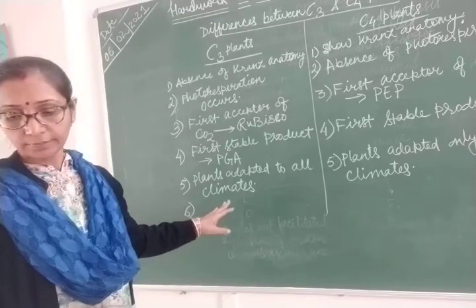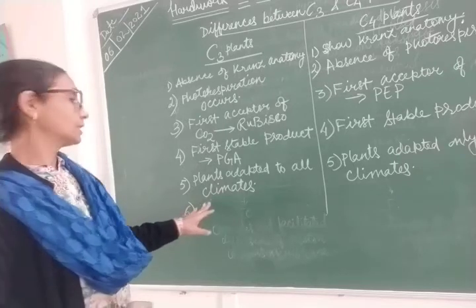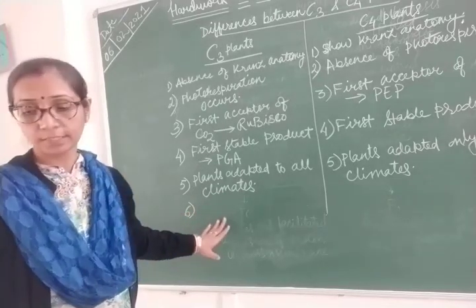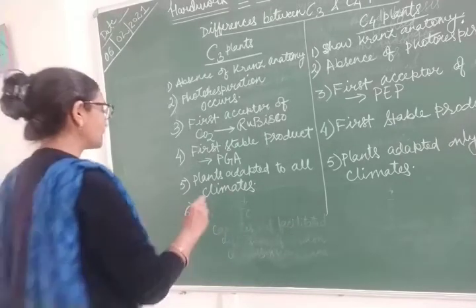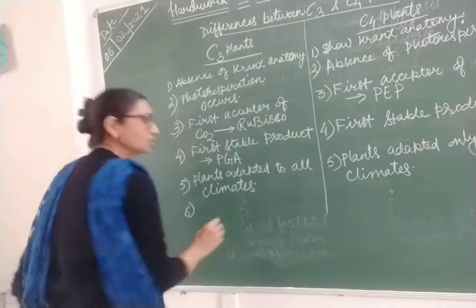In C3 plants, the mesophyll cells perform the complete photosynthesis process, but in C4 plants, mesophyll cells perform only the initial process.